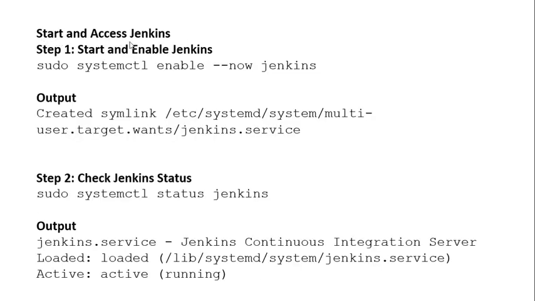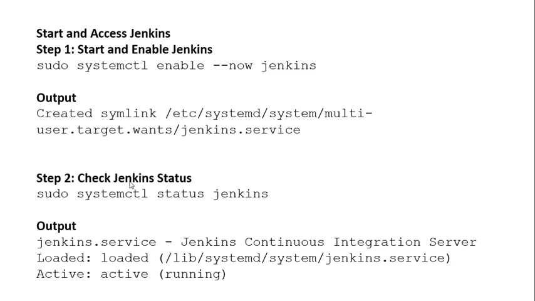Now start and access Jenkins. Step 1 is start and enable Jenkins with sudo systemctl enable --now jenkins, and the output creates a symlink in /etc/systemd/system/multi-user.target.wants/jenkins.service.